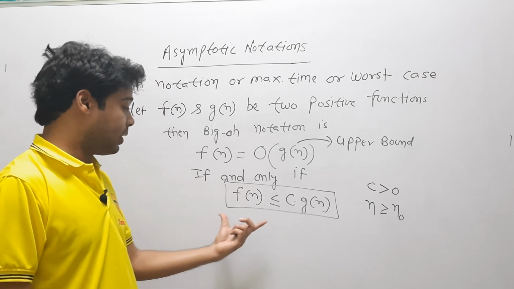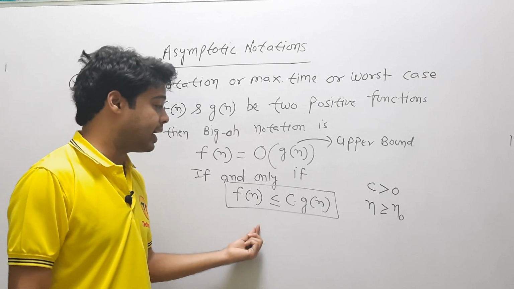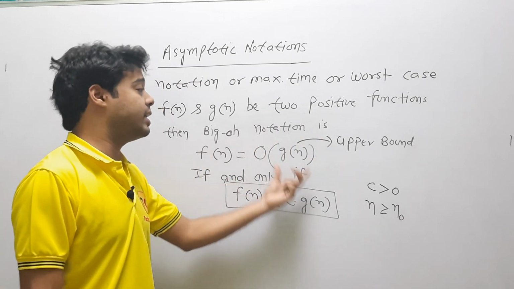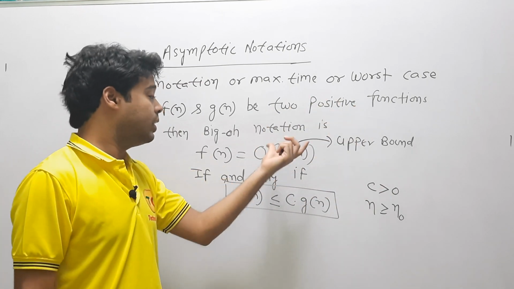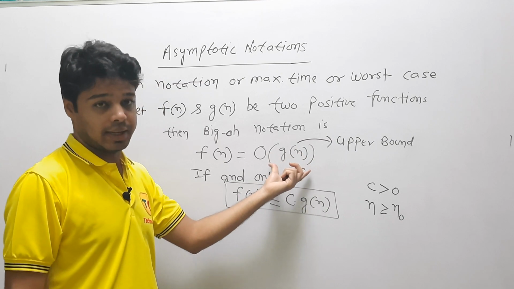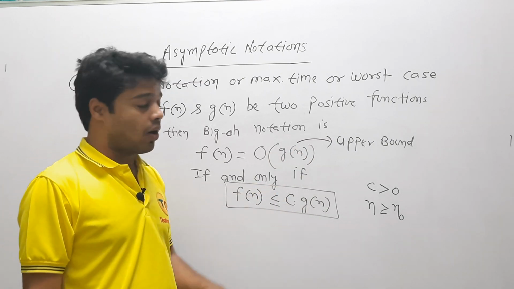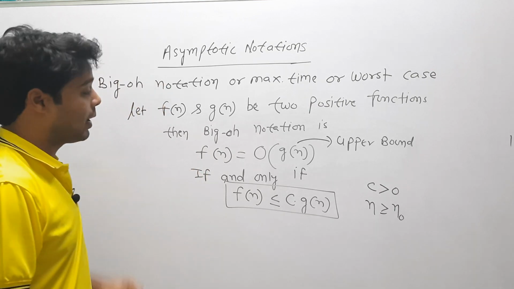Okay, so if this condition is satisfied, then we can say Gn growth is larger than Fn, or Gn is an upper bound. So Gn is the worst case time complexity. So Fn less than or equal to C dot Gn is the big O notation.